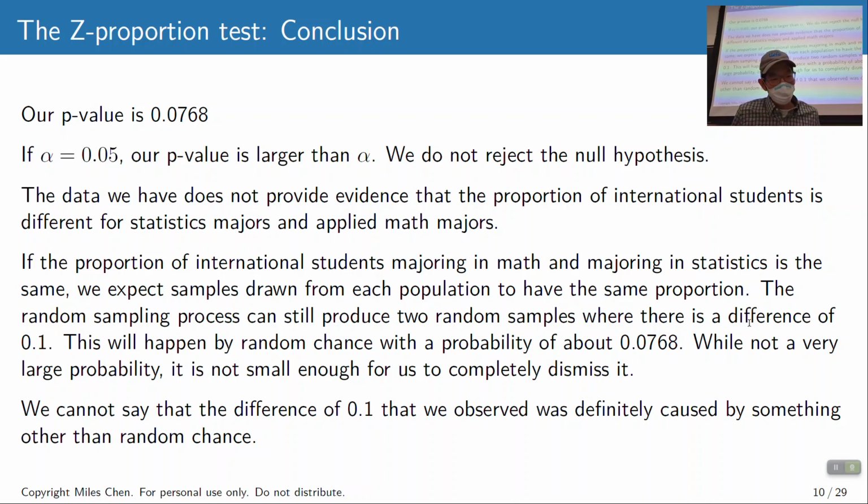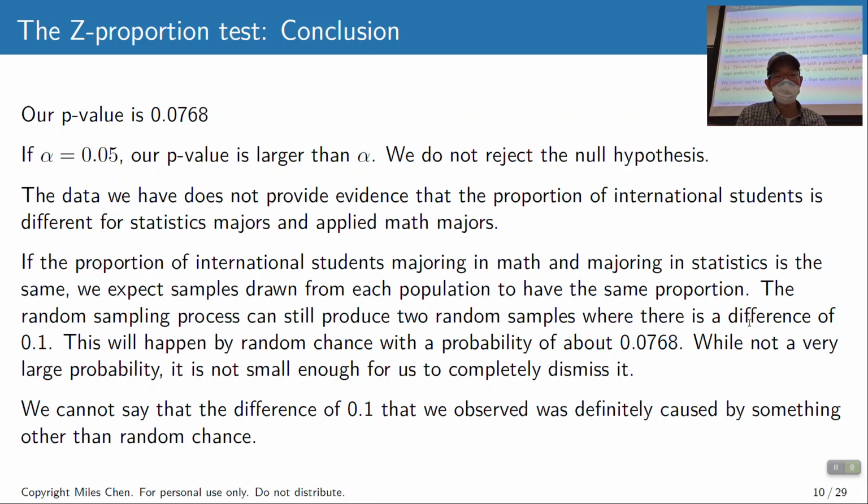If your significance level is 5%, you would say our p-value is greater than alpha, and therefore we do not reject the null hypothesis. Our p-value is not huge, but it's also not so small that we can ignore it.